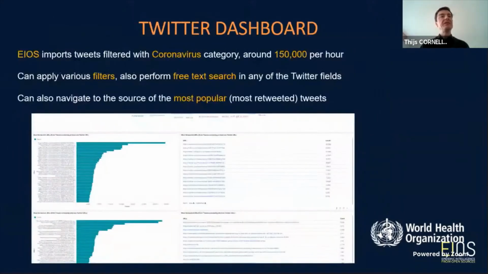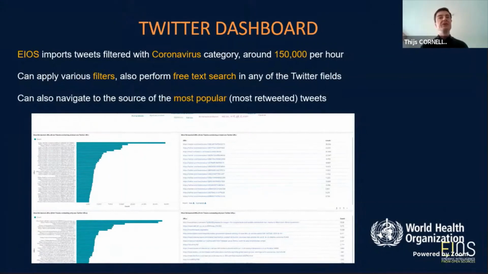Okay, the last new development that I would like to share with you, which we exposed to our users not long ago, earlier this year, is the Twitter dashboard, where for about 1 year we have been importing tweets from Twitter filtered for the coronavirus category, the same definition that we use for the main EIOS system. In this dashboard, the user can then apply various filters and also perform free text search.